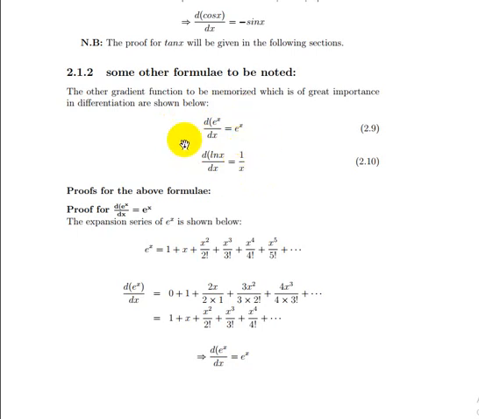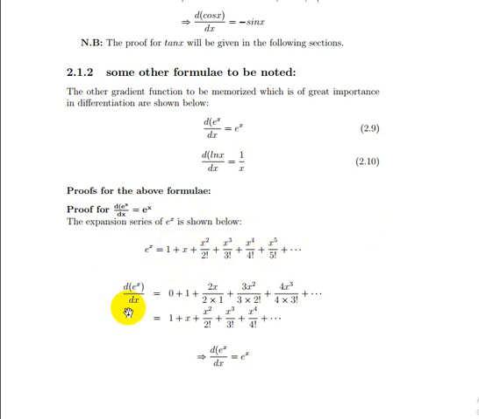So how do you prove the above formulae? We prove this formula again by using the expansion series. We first need to know that the expansion series for e raised to power x equals 1 plus x plus x squared all over 2 factorial plus x cubed all over 3 factorial plus x to the power 4 all over 4 factorial plus you continue till infinity.